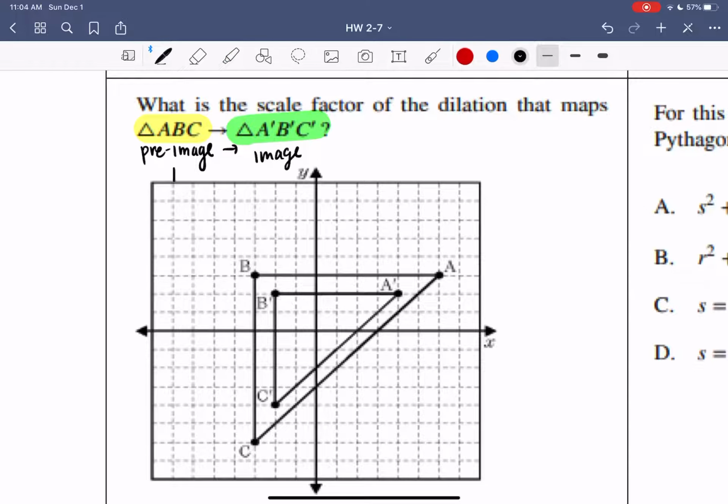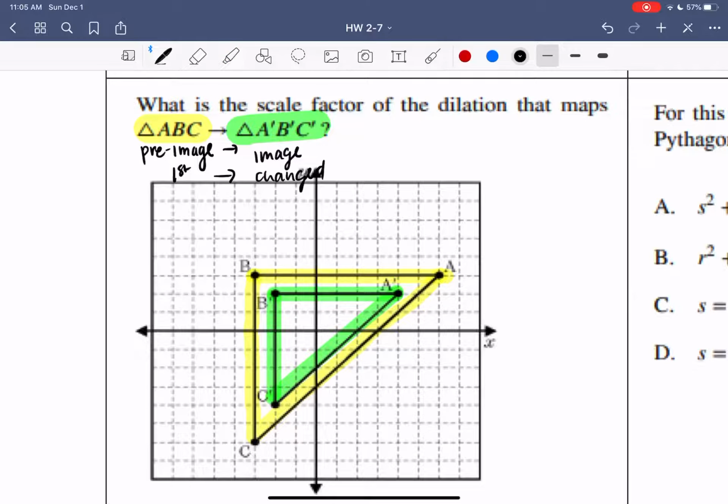So we start with the pre-image first, and this is our changed one, the image.